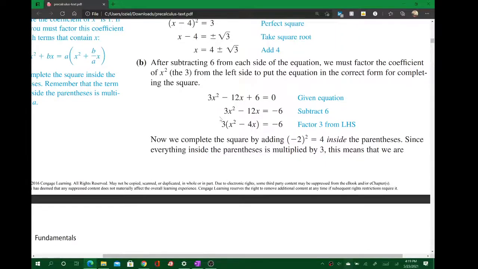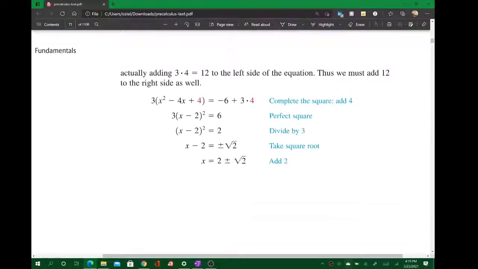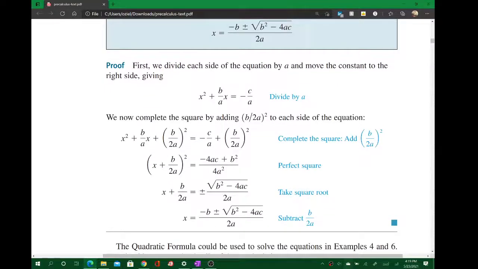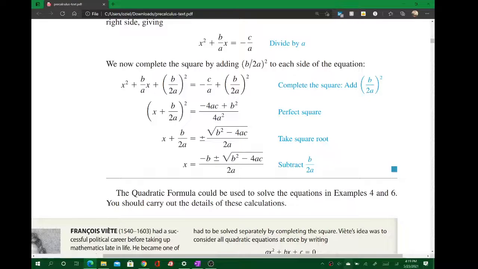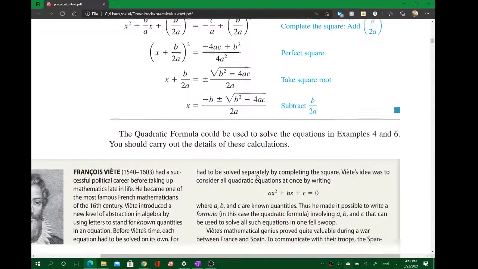Of course, in algebra, you can solve any equation by using either completing the square or the quadratic formula. Now, the quadratic formula is probably the best one you can actually do. It says the quadratic formula could be used to solve the equations in examples 4 and 6.